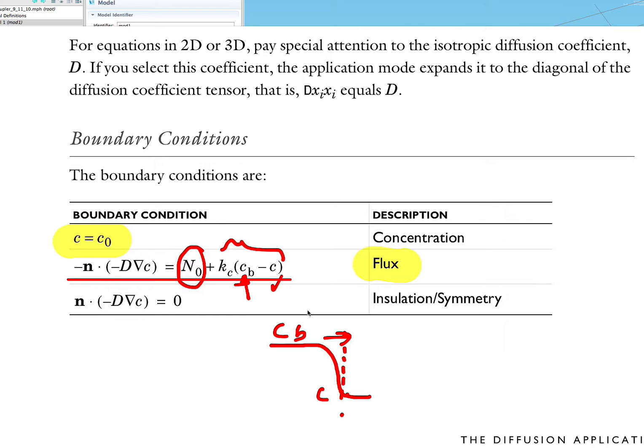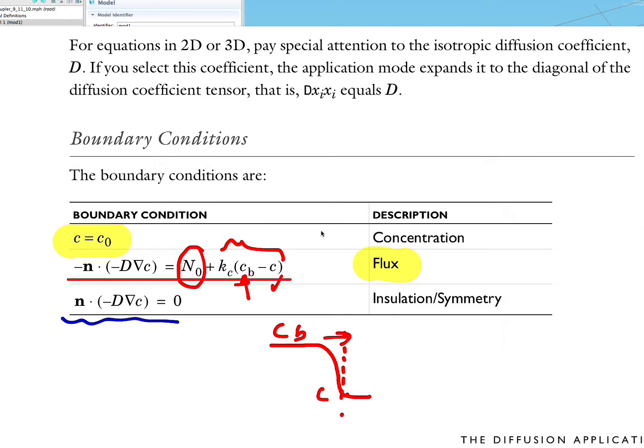If the boundary is insulated, then your third option is given by the flux is equal to 0, as a symmetry or insulation condition.